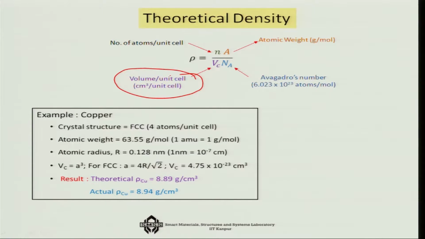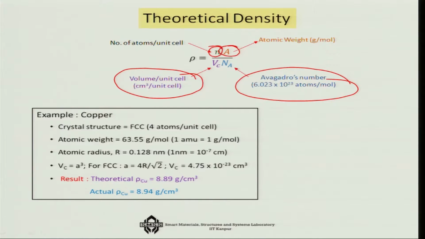Now, how many atoms can you expect per mole? That is also defined by Avogadro's number. So, we know that. In terms of the number of atoms, you have the number of atoms per unit cell. And you also have the atomic weight, which gives you the mass in gram per mole.